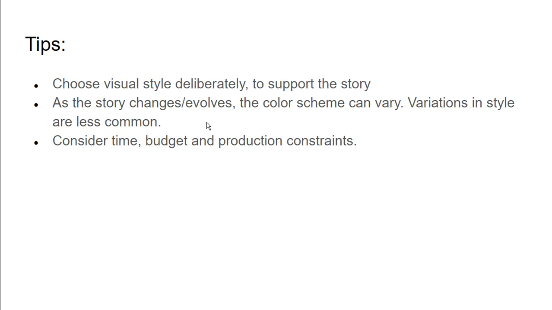The visual style sometimes changes, but usually it stays the same throughout the story with some variations. You might have, for example, a dream sequence where the character sees the reality different, and it's okay, for example, to use a different style in certain circumstances.